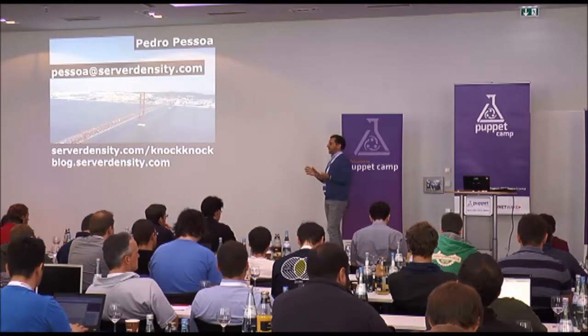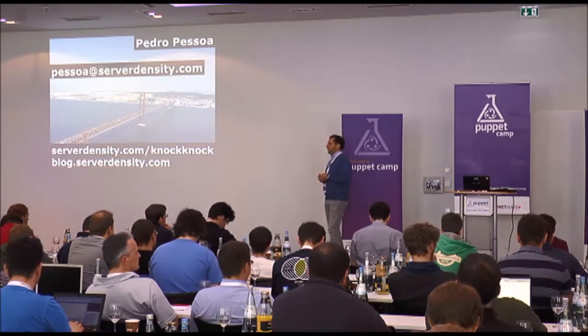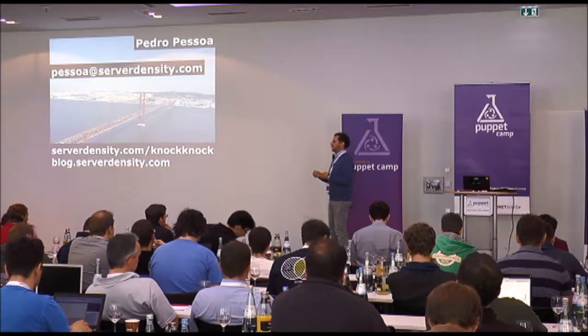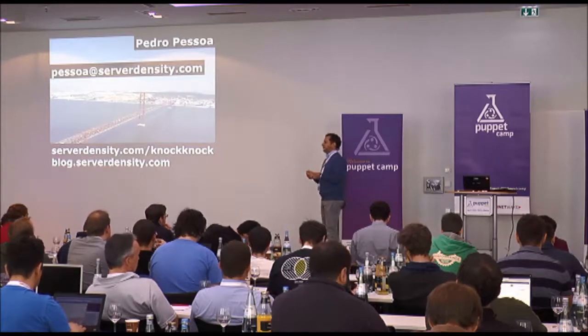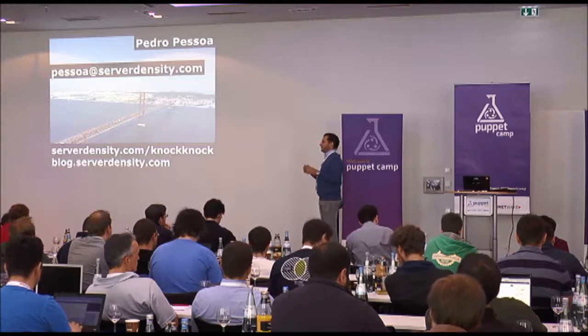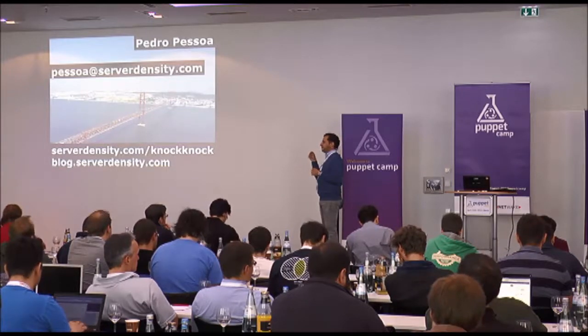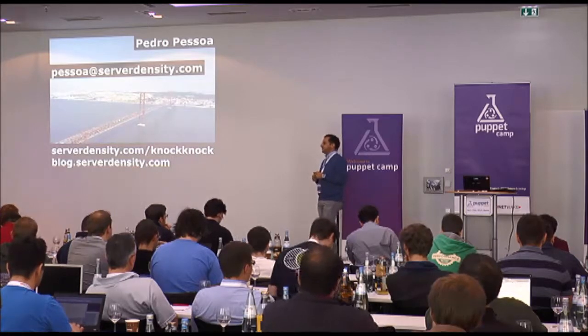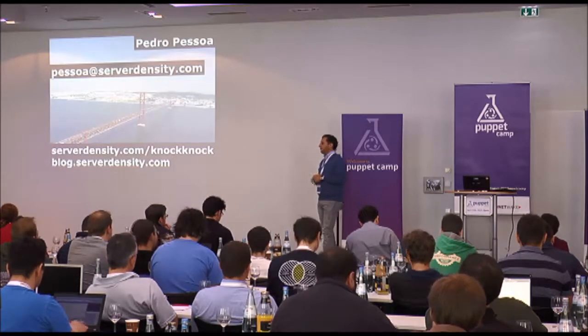So we built the package provider, and then once that was built, we needed a way to immediately trigger the deployment or the upgrade of that package on the server. That's what we use MCollective for. It ties in with that button where you push deploy to trigger the agent run, which uses the package provider.